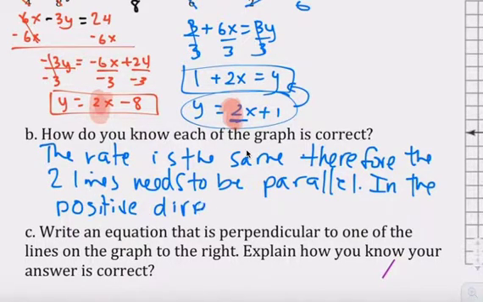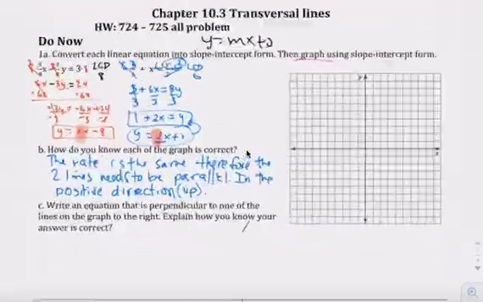That means it's going up. Okay? If it's not, then you got it wrong.